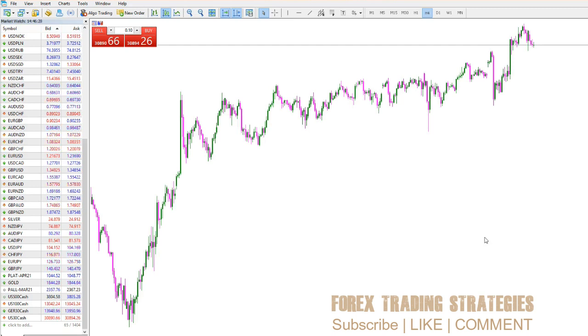So having talked about the small accounts, which pairs do I think you need to avoid if you've got a small account and you're just starting out, and even when you're an experienced trader and you are not consistent, you are not realizing the profits that you think you should be realizing?